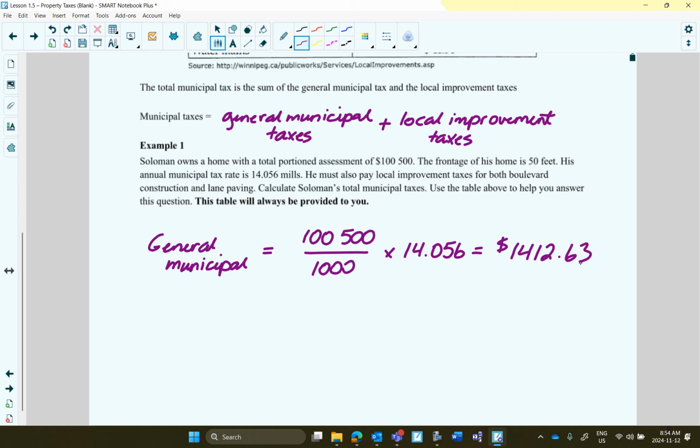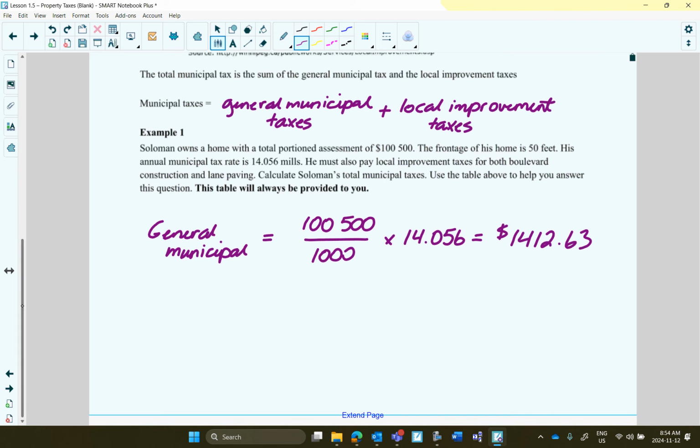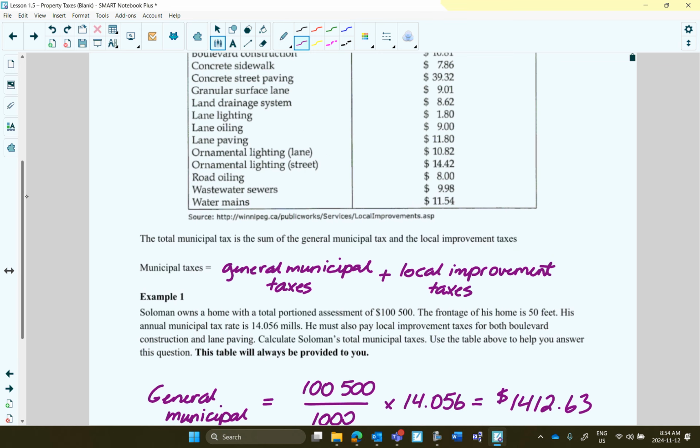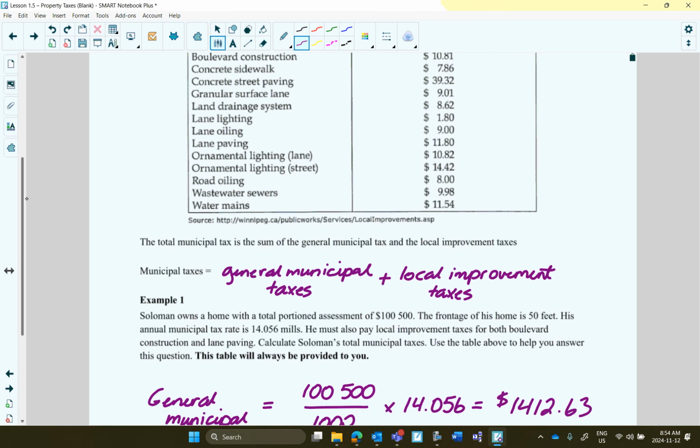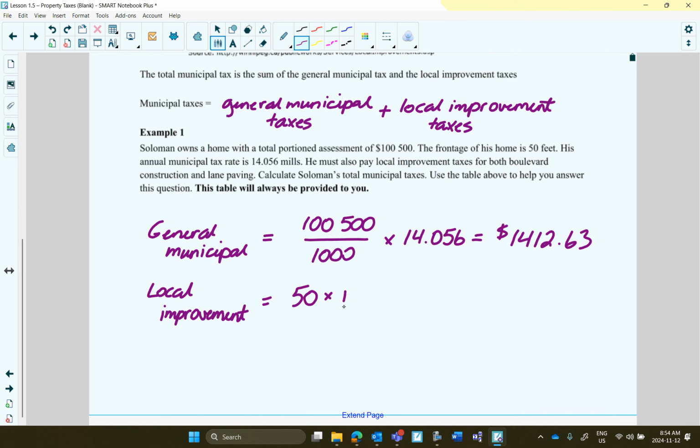The other part of it is his local improvements, of which there are two. Remember, the frontage of his home, the width at the front of his property, is 50 feet. So for the boulevard, he's going to have to pay 50 feet times however much it is per foot for boulevard construction, and that's 1081.